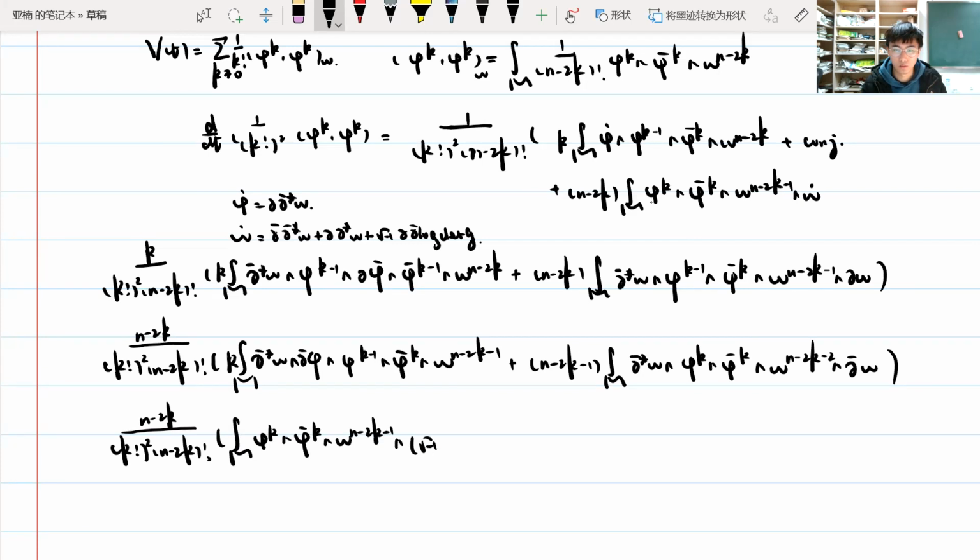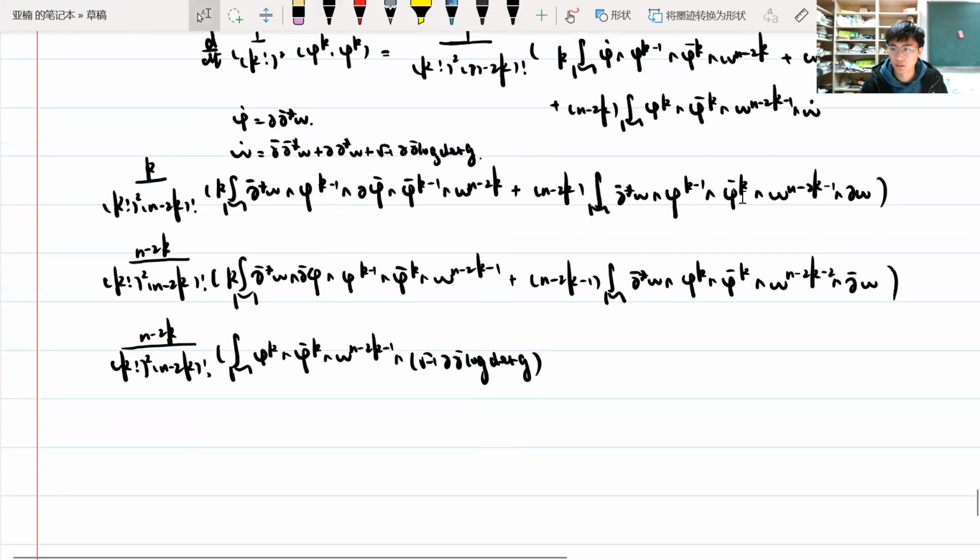Then using the fact that the coefficient of this term is k times n minus 2k, and this term is also k times n minus 2k, and using the fact that this is d omega and this is d bar phi, so there are zeros.